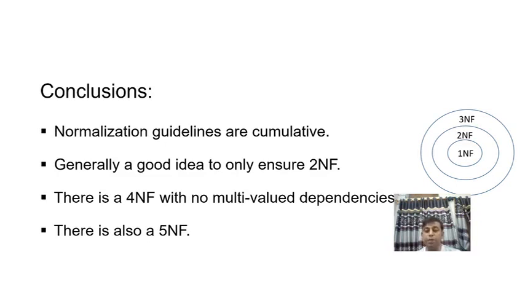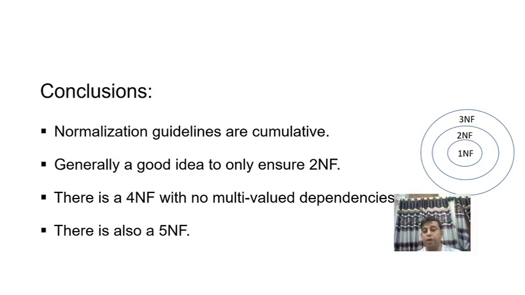It means if a table is in 2NF, that table is already satisfying the requirements of 1NF. Or if a table is in 3NF, it is already in 2NF and 1NF. So this is known as cumulative.